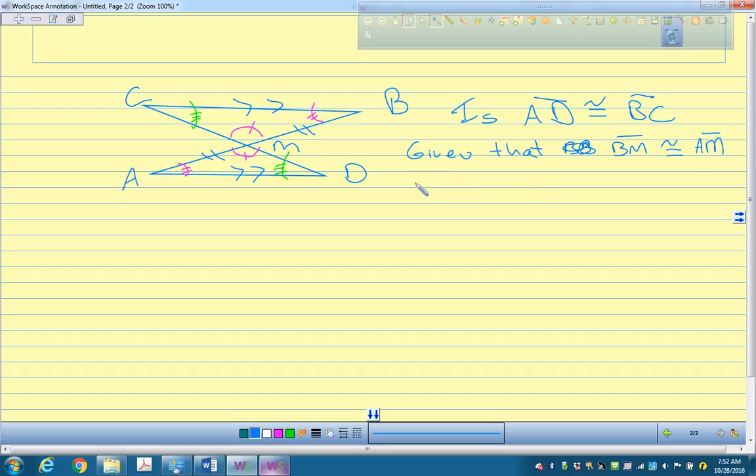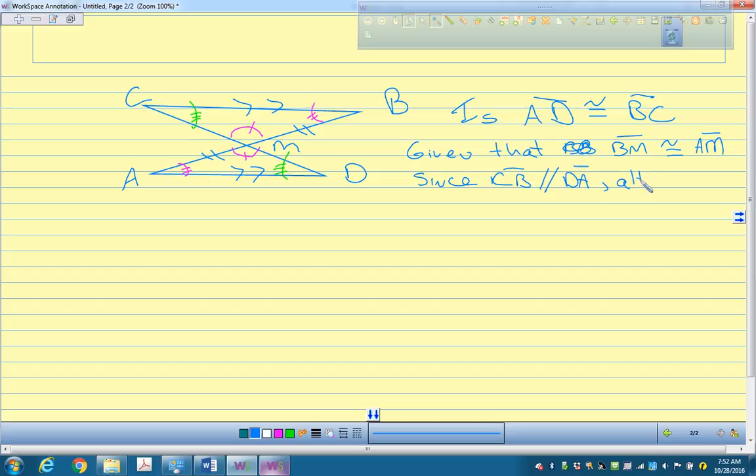Then you could say something, since CB is parallel, this means parallel, to DA, okay?